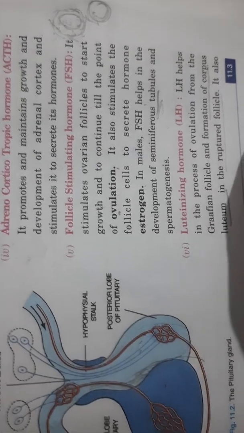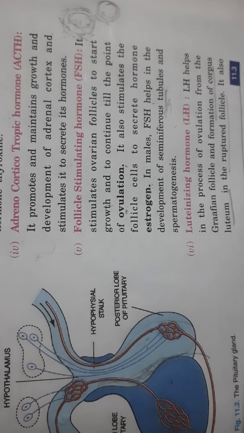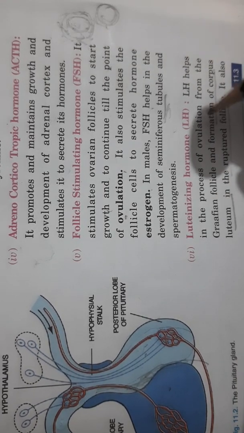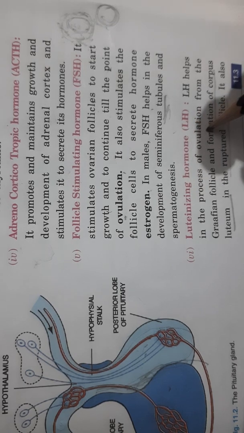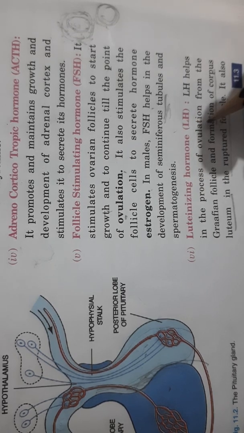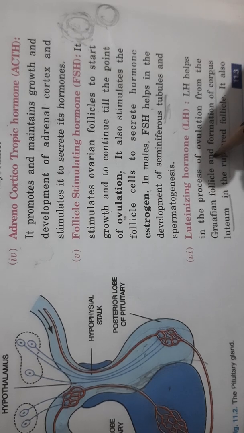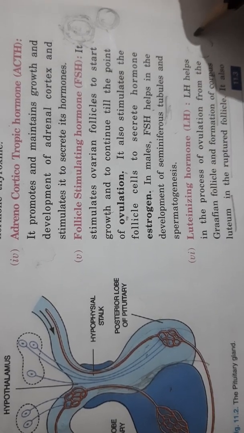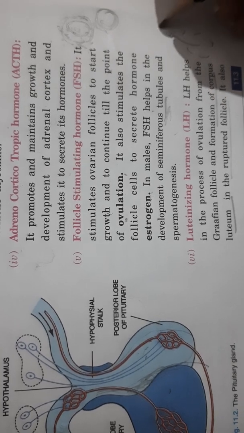Then comes luteinizing hormone, that is LH. This helps in the process of ovulation, that is, this hormone also helps in the release of the egg from the follicle. When the follicle ruptures, the egg is given out.